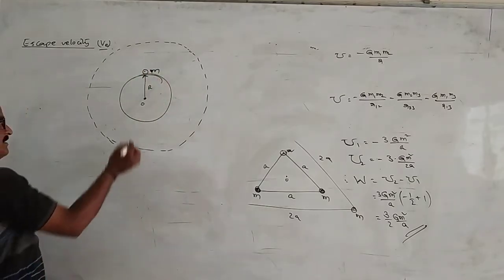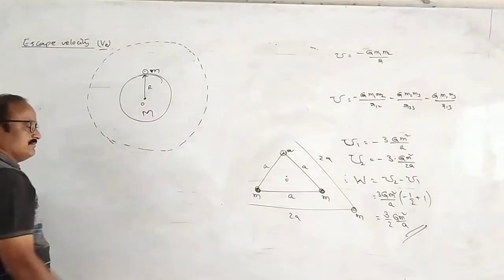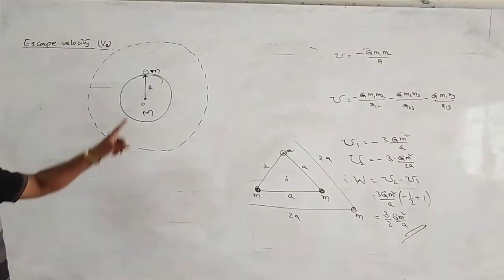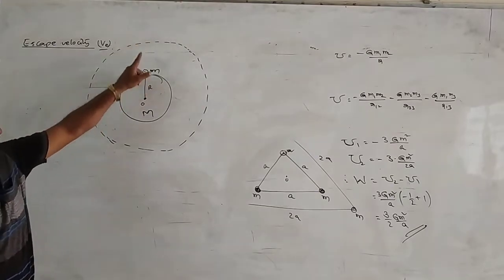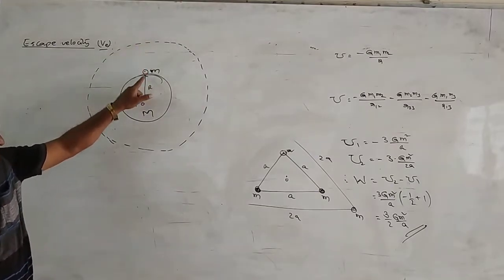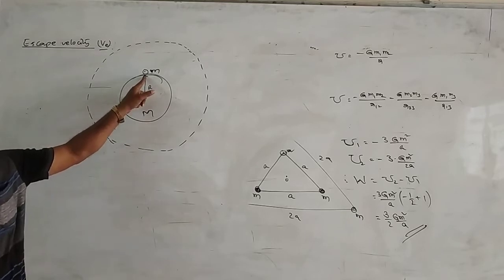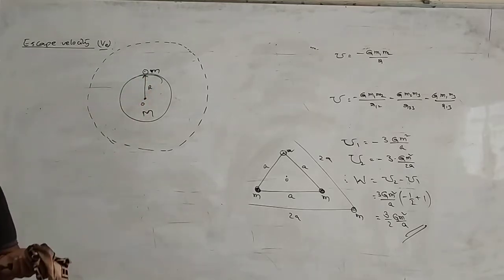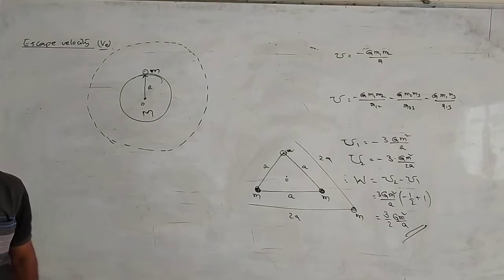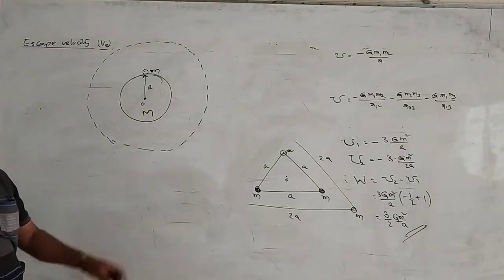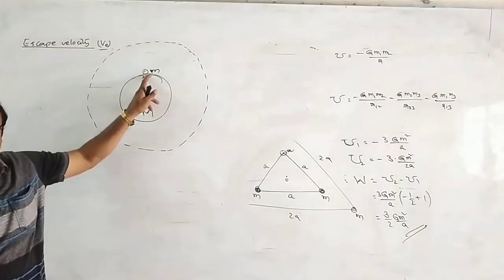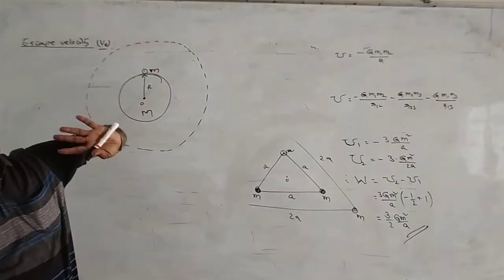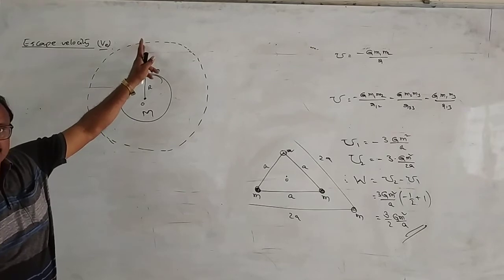The mass of the Earth is capital M, and if a body is projected vertically upwards, it rises to a certain height and again returns onto the Earth. Let the body be projected with a velocity of, say, 10 meters per second; it moves up to a certain height and returns onto the ground. If the velocity of projection is more, it will rise to more height.